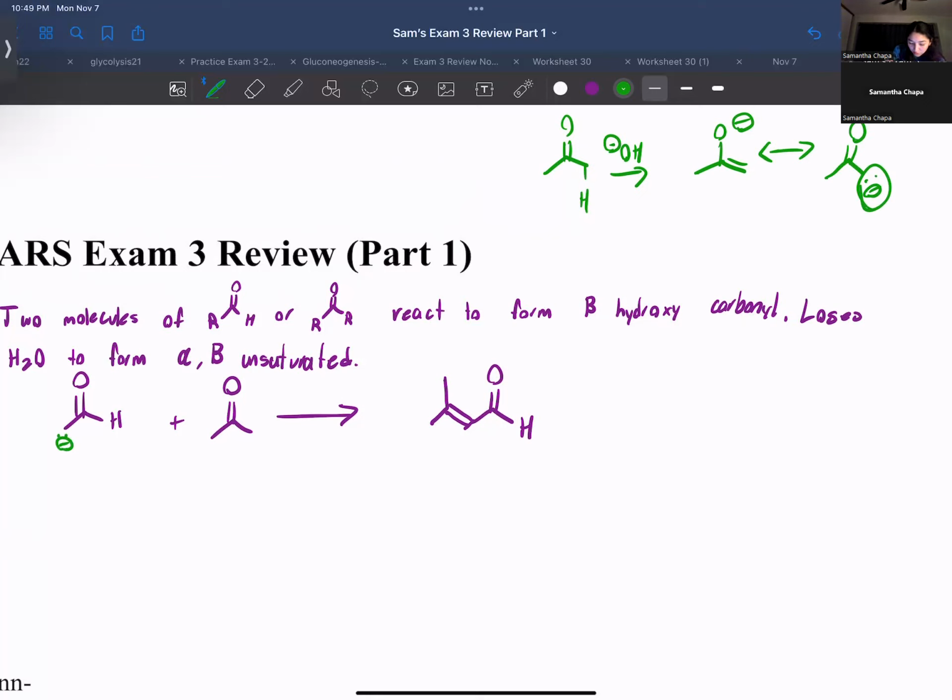On that enolate, I'm going to cut this oxygen off and attach it to my alpha carbon. This is my alpha carbon right here, and I'm attaching this carbon to all of this.